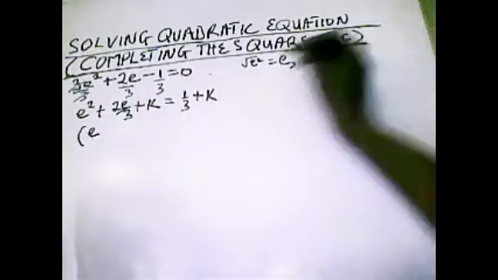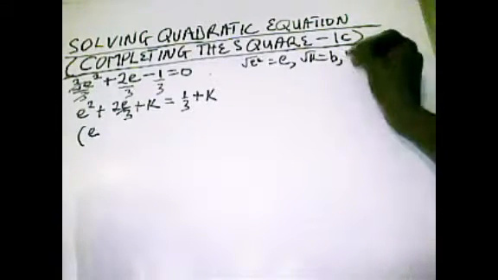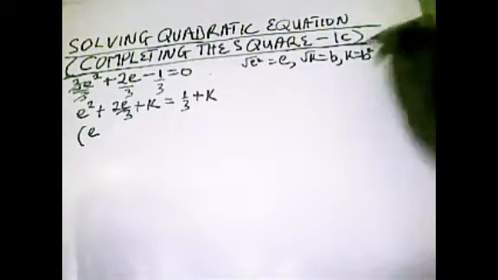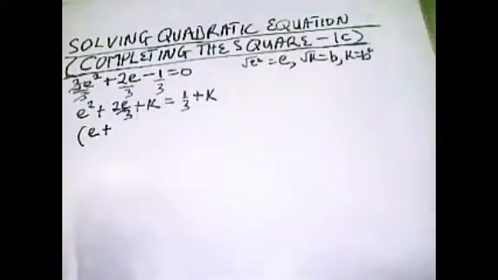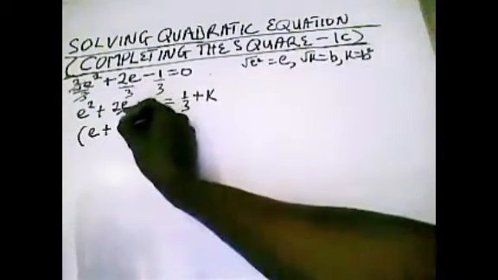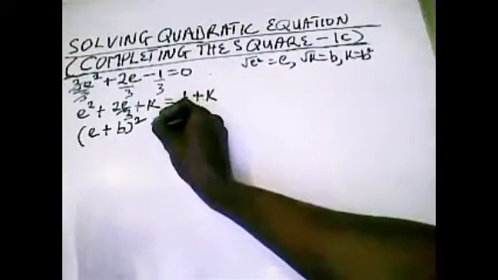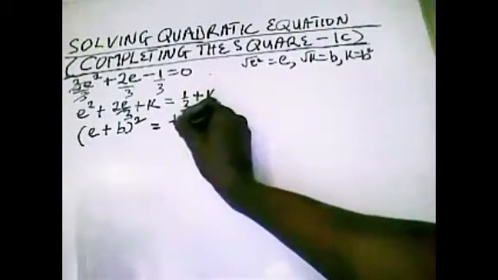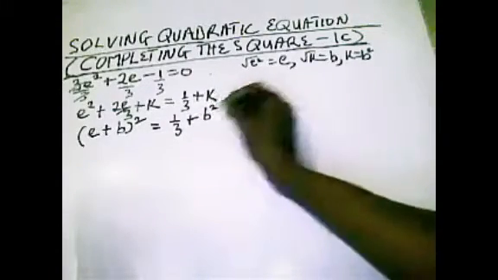And then the square root of k will give us b, which means that k will give us b squared. So here we have e plus, we do not know what the square root of k is, so we write it as b, then all squared, equals 1 upon 3 plus our k, which is b squared.